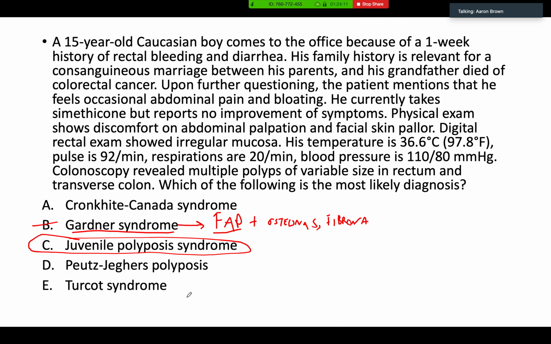But just to really dig into the details here, why am I saying it's not FAP?